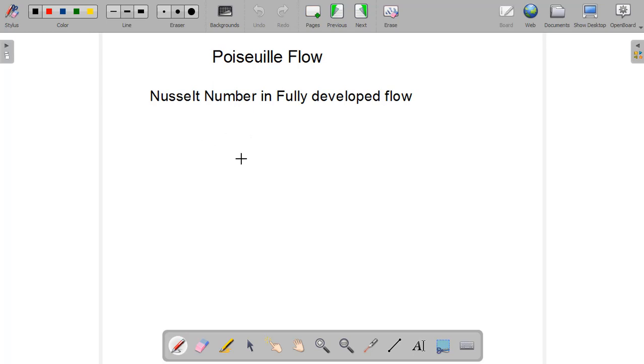So let us consider a portion of the pipe. This is the pipe, and in it we are considering this portion.